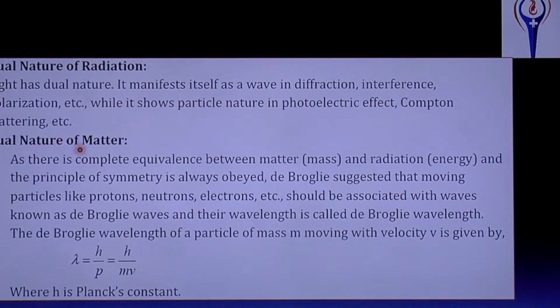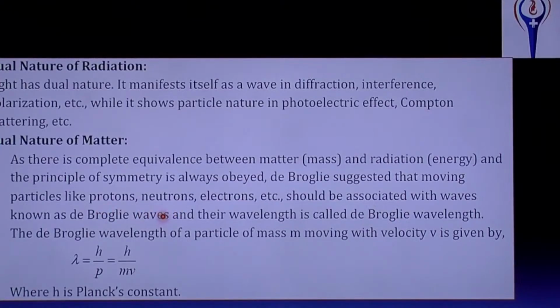Then dual nature of matter, as there is complete equivalence between matter, that is mass, and radiation, energy, and the principle of symmetry is always obeyed. De Broglie suggested that moving particles like proton, neutron, electron, etc. should be associated with a wave known as de Broglie wave.